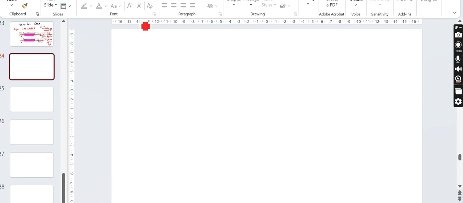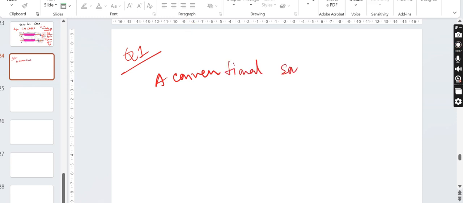So now we'll discuss some quiz questions of previous year. Question number one. A conventional source of light can be used to pump the laser.